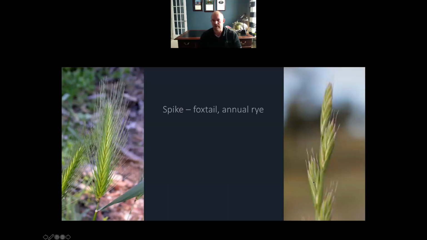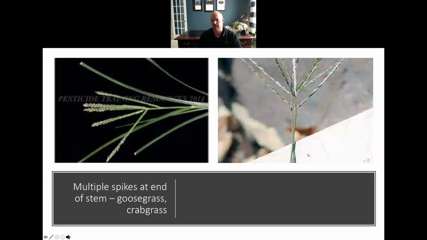And then, this would be annual rye. So again, you have a little bit looser alternation of the inflorescence coming off of that stem. But again, very, very short petiole, almost can't tell it's there. You can have multiple spikes. Okay, this is still a spike inflorescence, but you can have multiple spikes at the end of the stem, like you would have in, say, goosegrass or crabgrass.